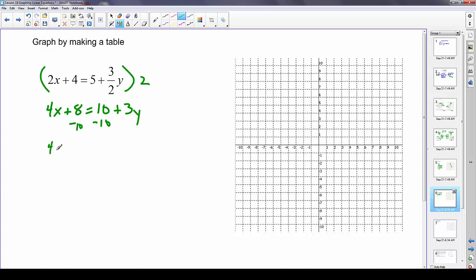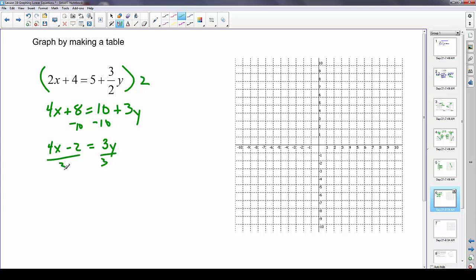It gives me 4x minus 2 is equal to 3y. And then what I'm going to do is take and divide or multiply everything by a third. Or divide by 3, it really doesn't matter. So I can say divide by 3.